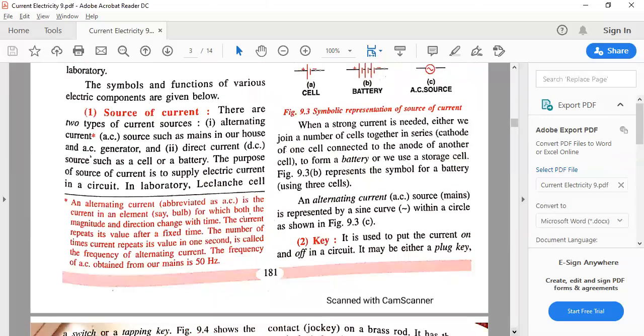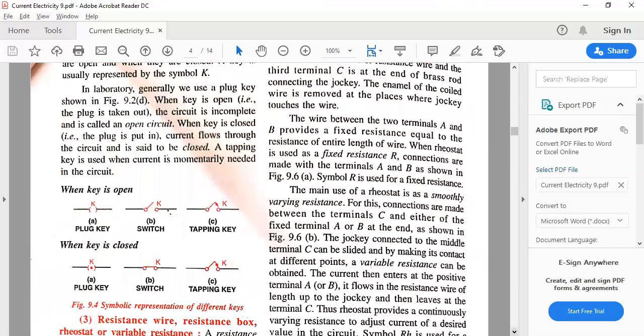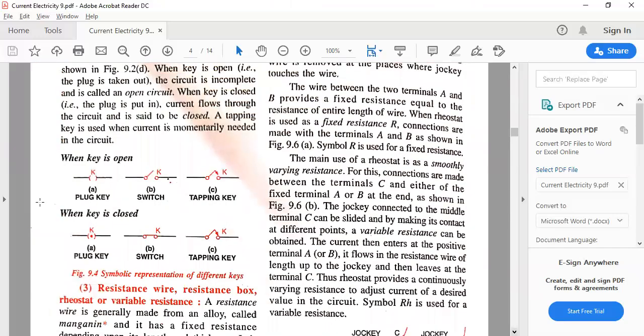Okay, let's understand the keys. There are three types of key: plug key, switch, and tapping key. In a plug key, when the key is open, you will not put the dot here. When the key is closed, the dot is put. A switch is like a normal switch.